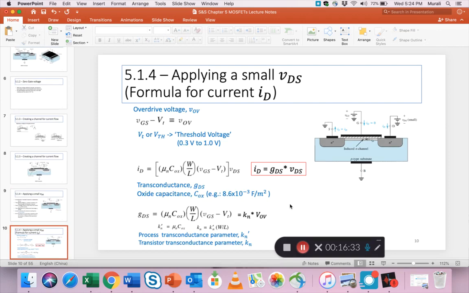All right. Now that we have a current flowing, well, we need to know what the magnitude is, right? How much current? Can you tell me? That's the question. So we have to start deriving a formula for that drain current. So there's a lot of new terminology that will come even in this chapter.